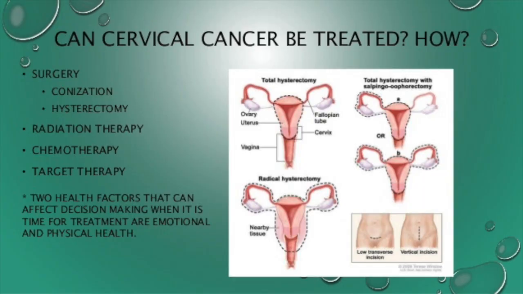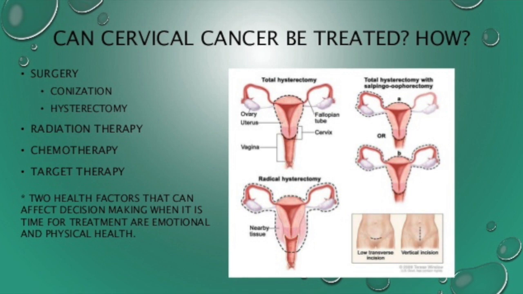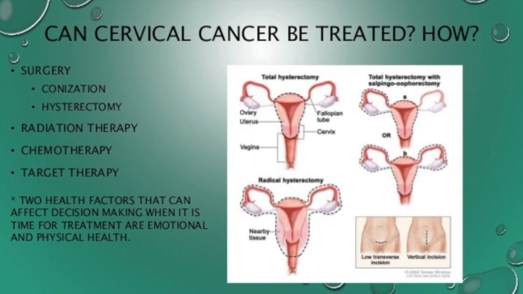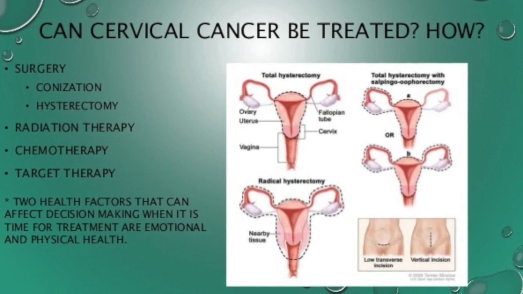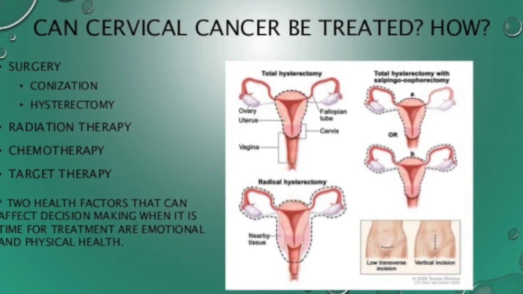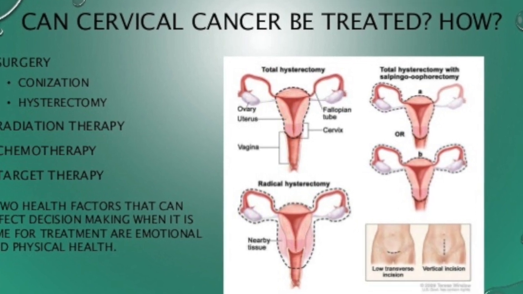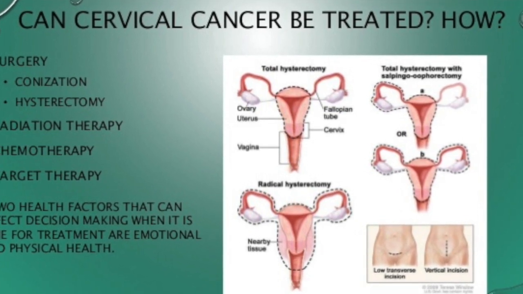Routine pap smears are the most effective way to detect cervical cancer. Early treatment usually has a high success rate of curing. Treatments might include surgical removal or chemical radiation, both of which run the risk of not being able to have a baby or carrying a baby to term.